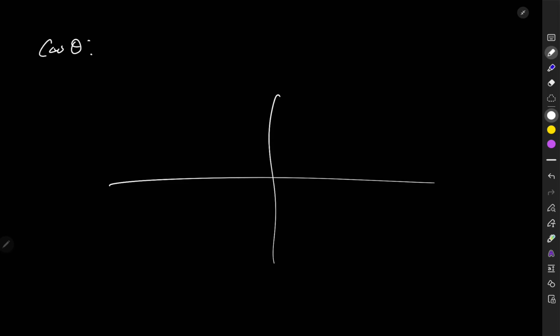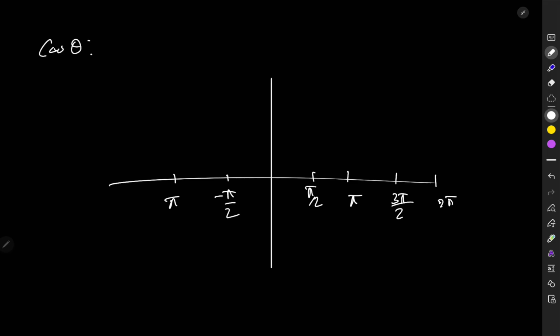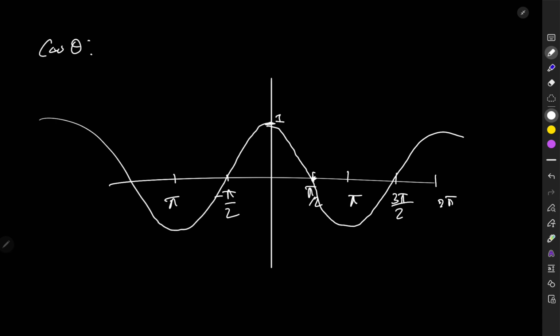So again, just see those important points, which are pi by 2, pi, 3 pi by 2, 2 pi, right? So here also minus pi by 2. At pi by 2 it will become 0, and at 0 it will become 1. So it will be something like this, and something like this.